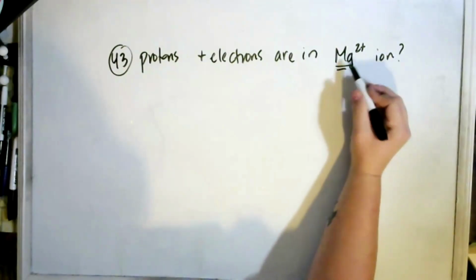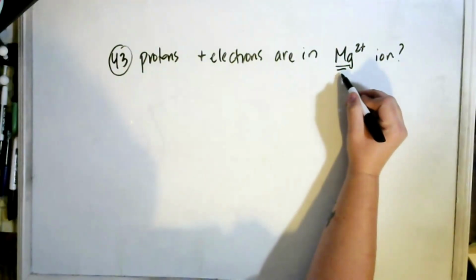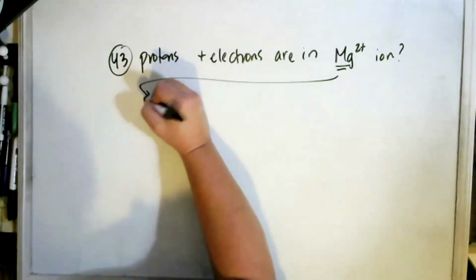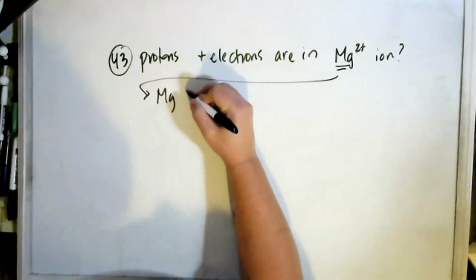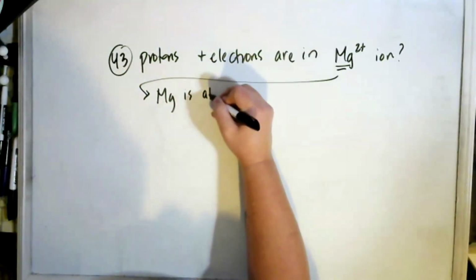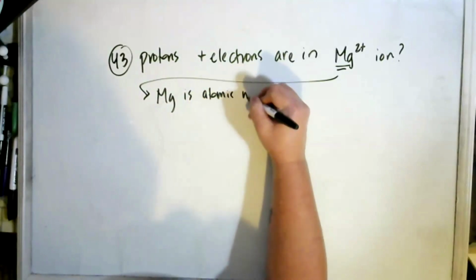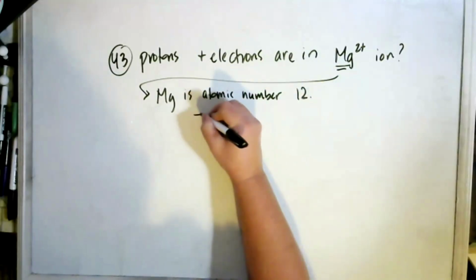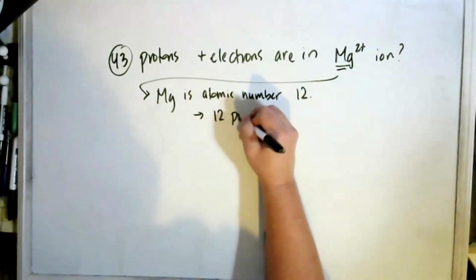So you're going to go over to magnesium on your periodic table. You're going to find that. It's atomic number 12. So that means that it has 12 protons. That does not change.